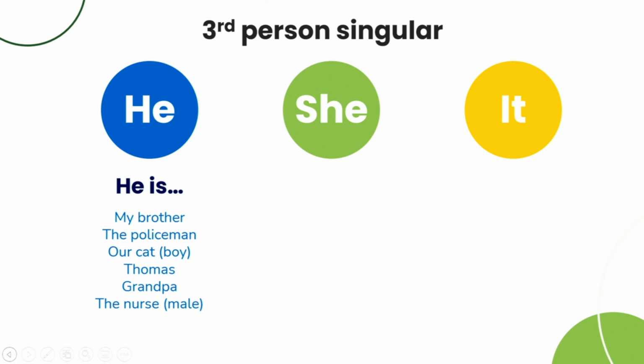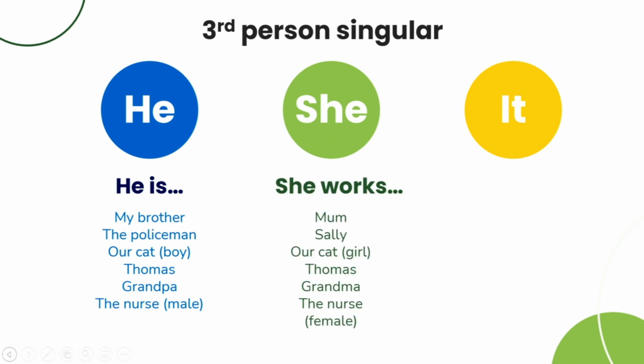The nurse, assuming the nurse is a man. So he, she works. Mum works. Sally works. Our cat, if it's a girl. Oh, that's a typo. I'm sorry. That was supposed to be changed to Sally. Grandma. Grandma, she works. The nurse if the nurse is female.